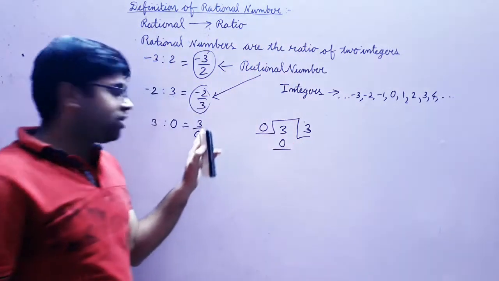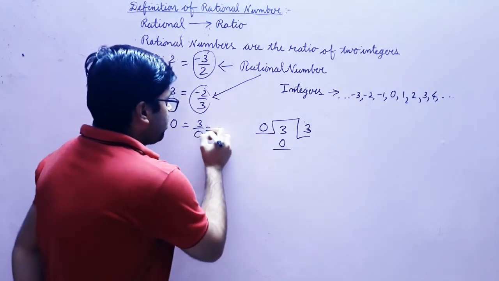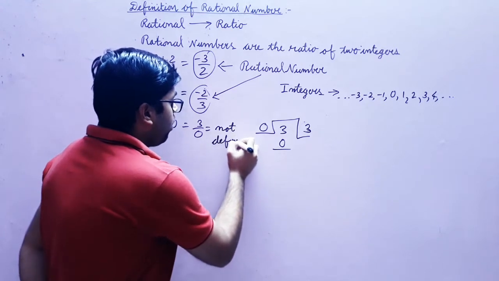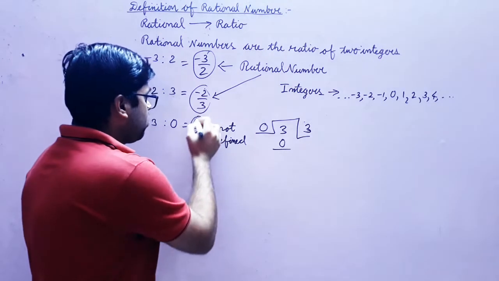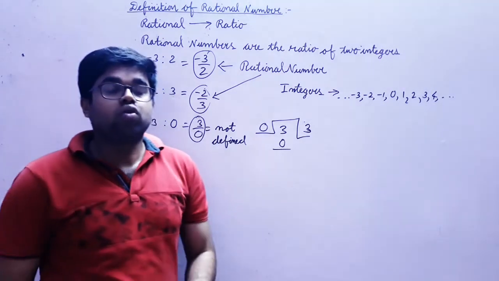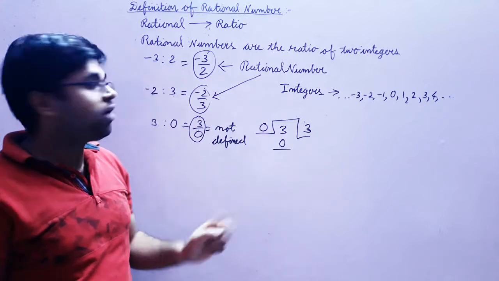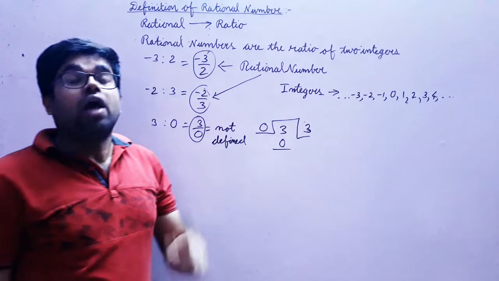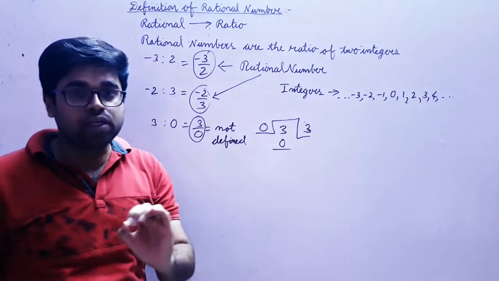So since 3 is not divisible by 0, we can't divide 3 by 0. We call this number not defined. Not defined means this 3 by 0 has no definition. So remember, when you want to get a rational number and you take the ratio of two integers, don't take the second integer as 0.